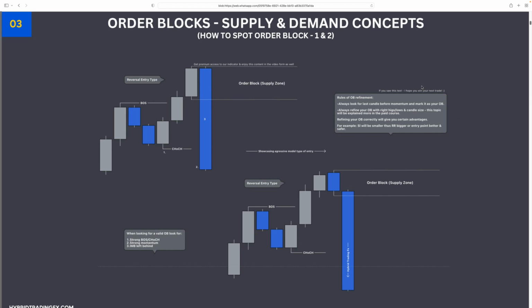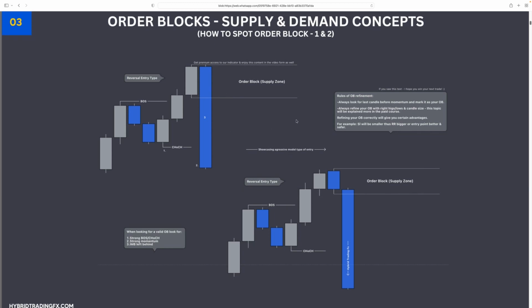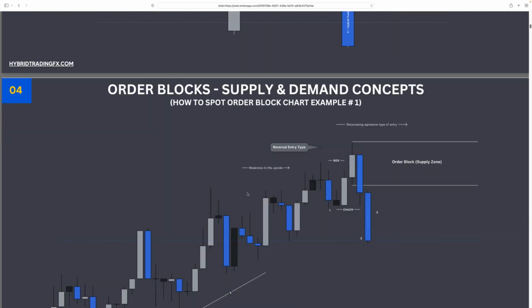You can read all of those things that I wrote here, and this is going to explain everything about a photo. But basically, an order block is the candle before the momentum happened. Okay, so we're going to touch base on order blocks, what is a high probability order block, what you should consider trading and not trading, etc., in the next couple of examples.